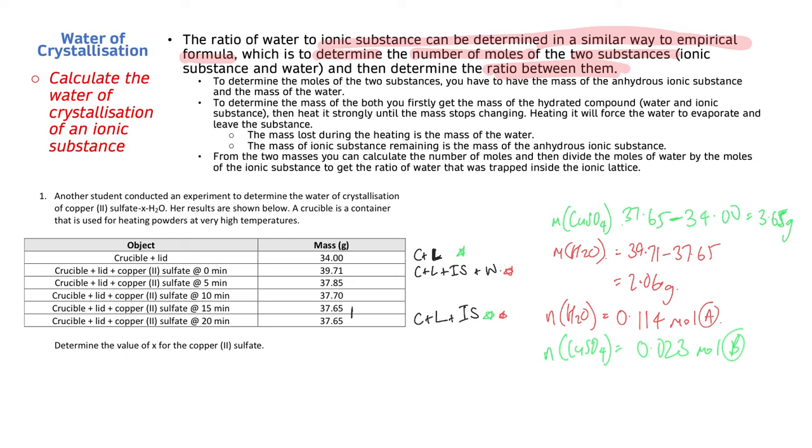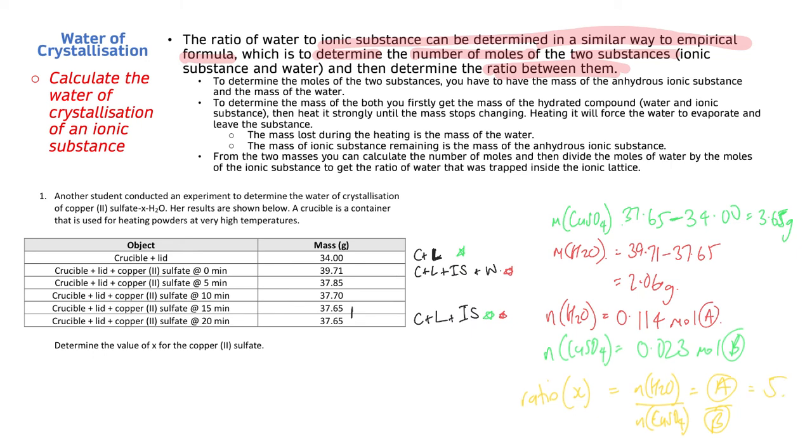Then we can work out the ratio of these two things, or the X, which is the number of moles of water over the number of moles of the ionic substance, the copper sulfate, which is A over B, which happens to be 5, or very close to 5.